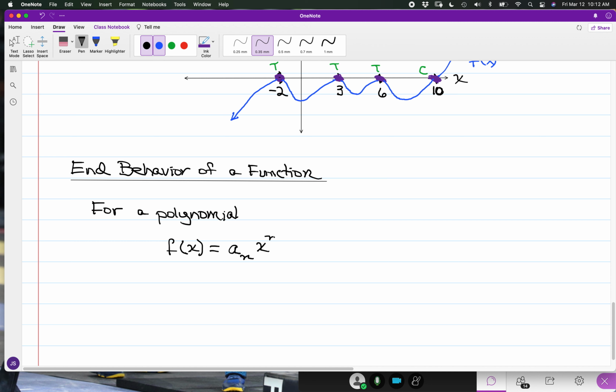So for a polynomial function, you have a sub n x to the n. Let me stress this too, for a polynomial in descending degree order in x.